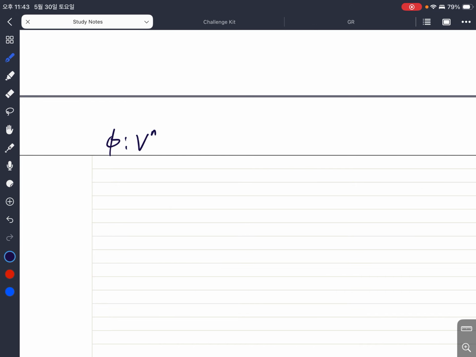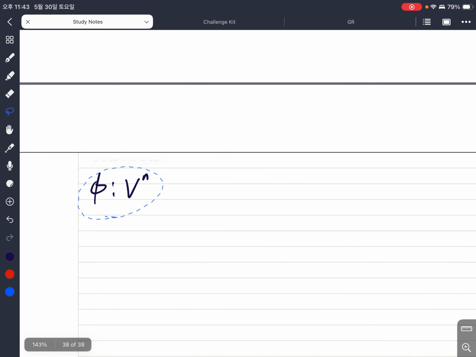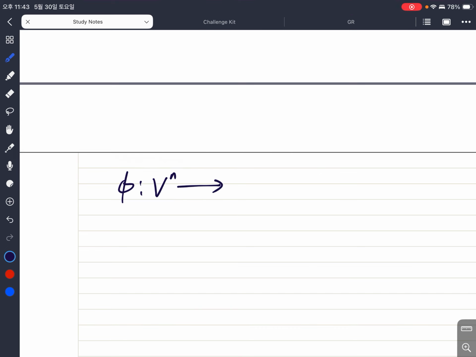So the most familiar important case is when the domain is this. Also, the target can of course be another space, but like inner product, this is, I think, one of the most important cases.